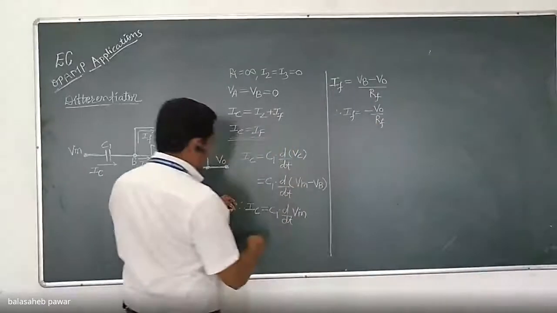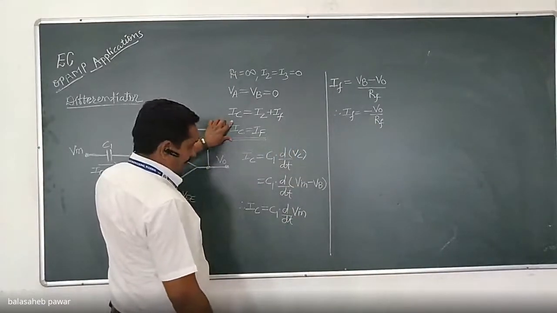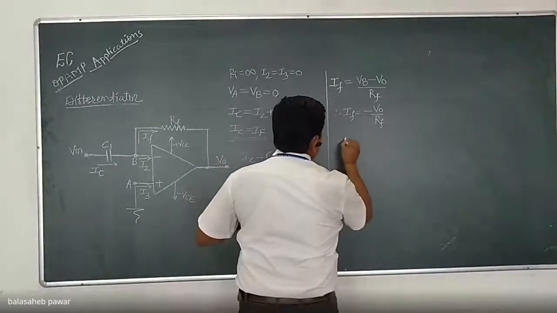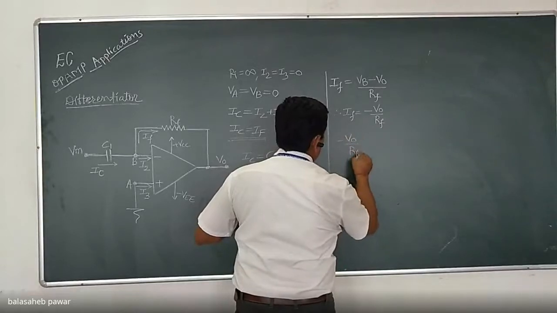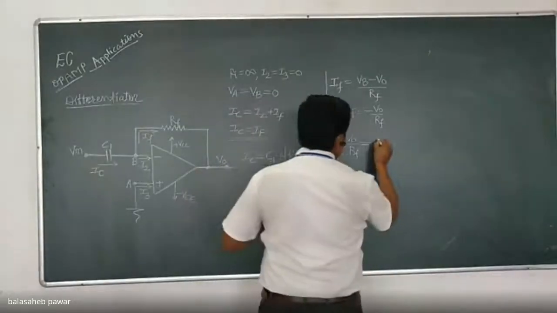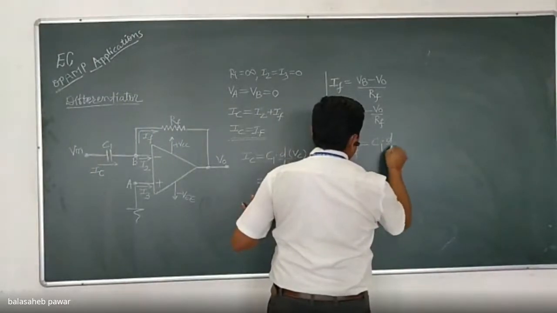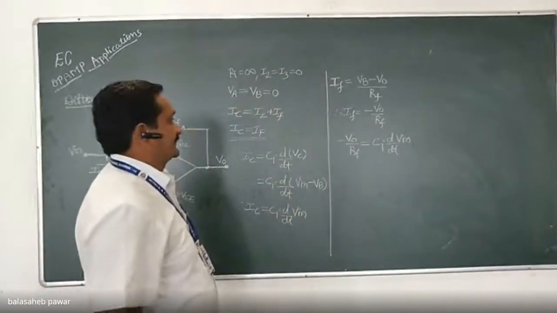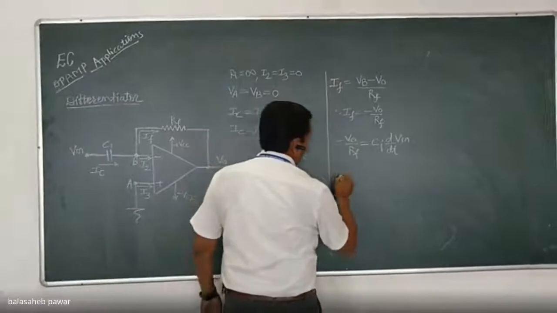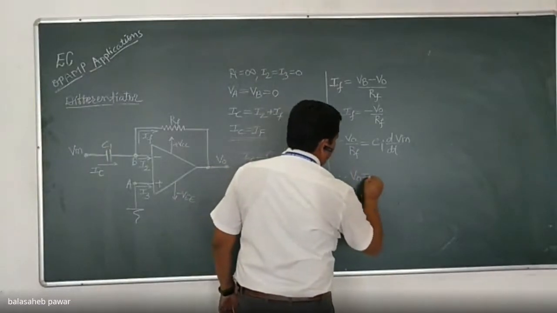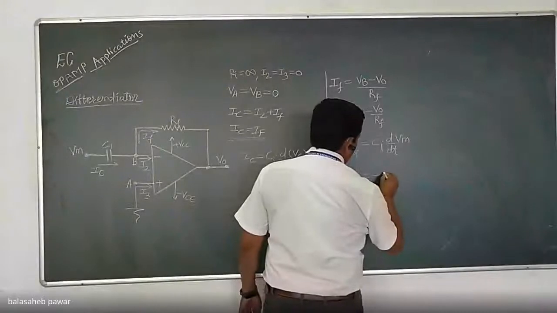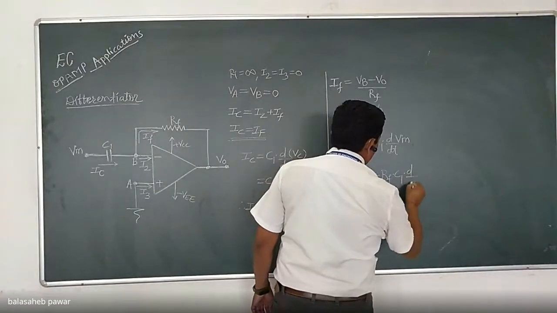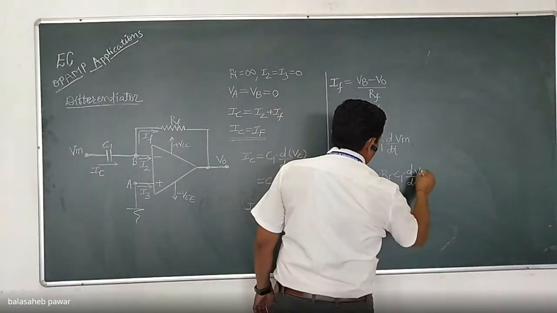Now just compare these two equations. As we noted, IC equals IF. So we can write that minus VO by RF equals C1 into d by dt of Vin. And hence, the final equation for output voltage is VO equals minus RF into C1 into d by dt of Vin.